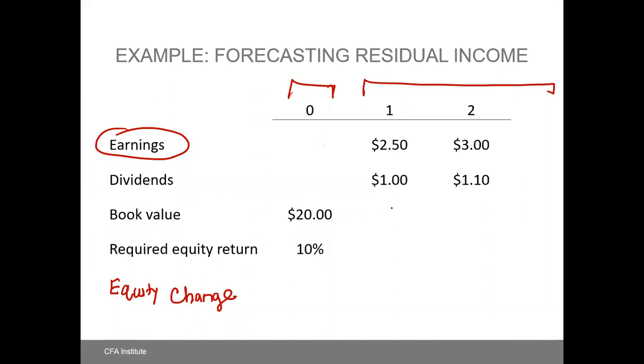Okay, let's start. So is it possible to come up with the book value of equity in this period? Are you familiar that clean surplus accounting says that if we have the book value of equity at the beginning of the period, and we add the earnings per share retained, and subtract any dividend payout or distribution, we get the book value of equity at the end of the year?